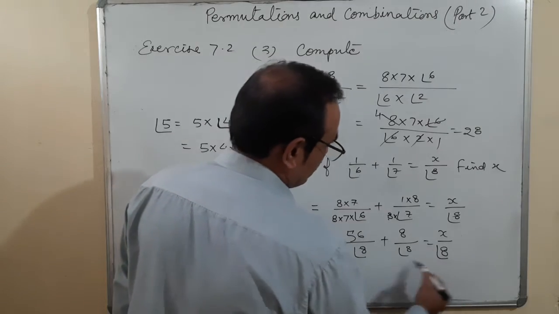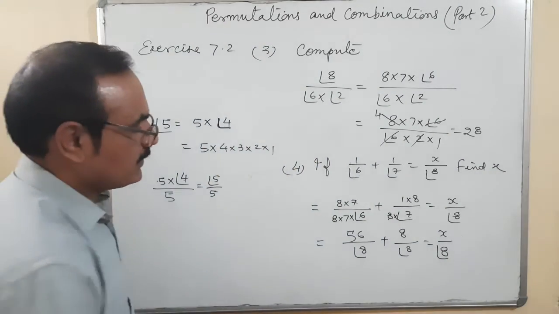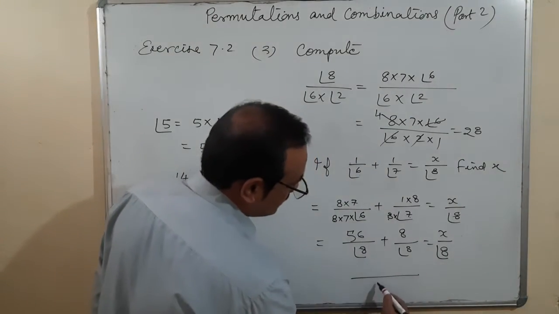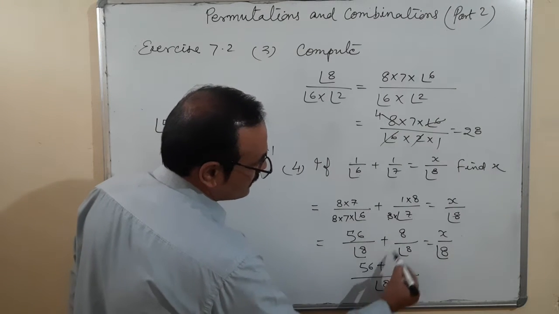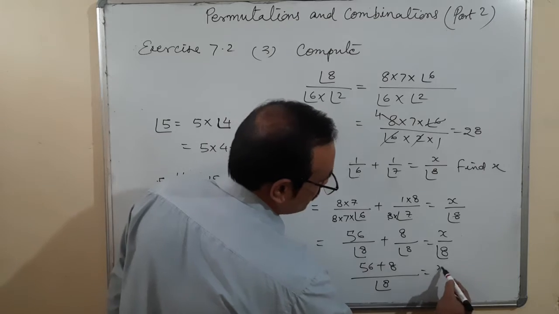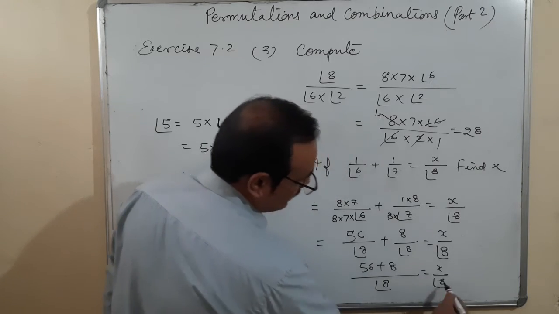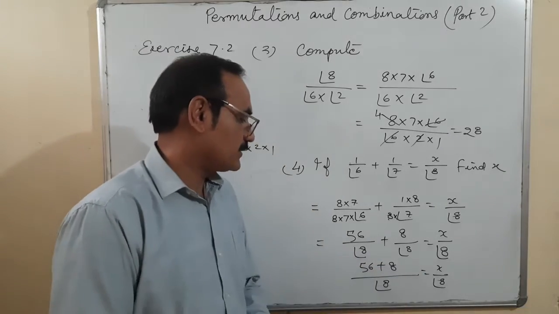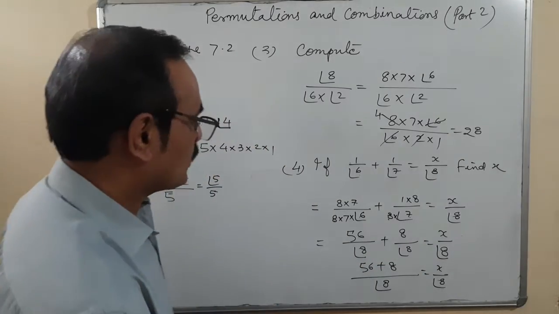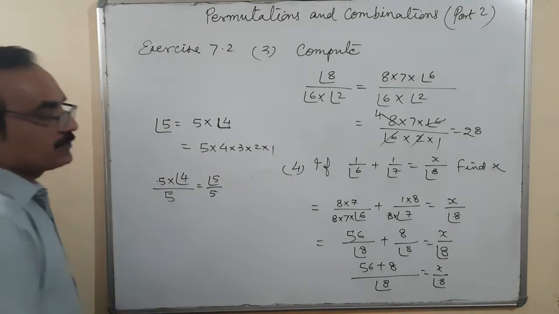Now you can see the denominators are the same. LCM on the left hand side is factorial 8. It is 56 plus 8 upon factorial 8 is equal to x upon factorial 8. The denominator can be eliminated. 56 plus 8, what is coming? 64.